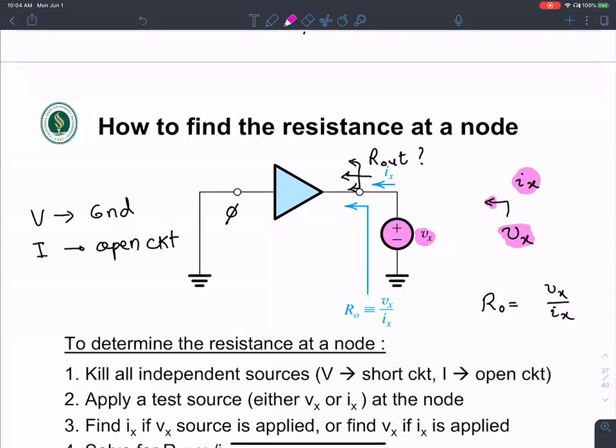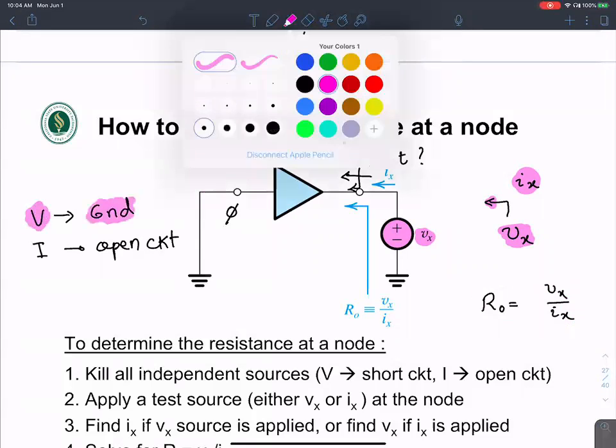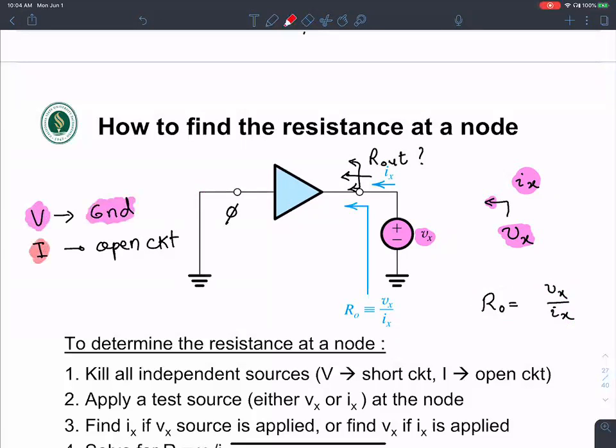In order to do that, you have to first begin by making your source voltage or source current 0. If your input is a voltage, then you tie that input source to ground. On the other hand, if your input is a current, you open circuit.